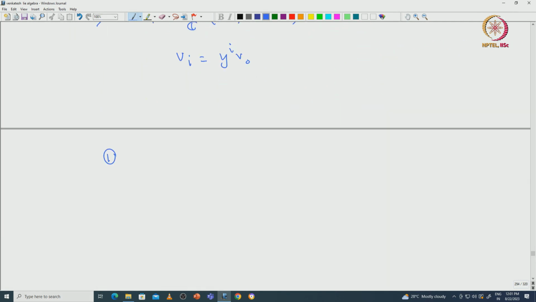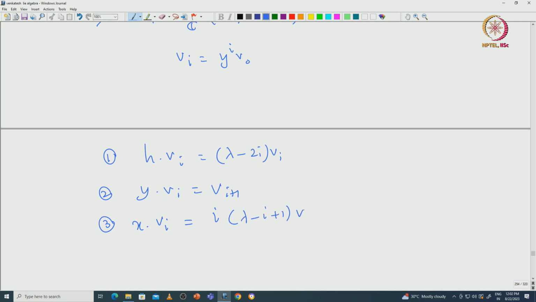The first one: H acting on v_i is (lambda minus 2i) v_i. The second: y acting on v_i will be v_(i+1). The third: x v_i is nothing but i times (lambda minus i plus 1) v_(i-1). Here we understand that v_(-1) is 0, and this is all true for all i greater than or equal to 1.